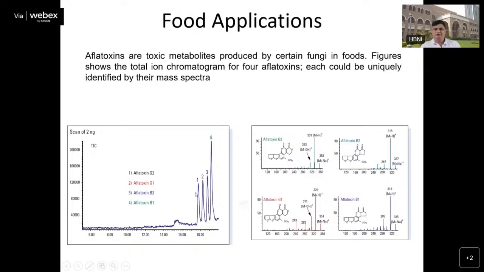So these are the various peaks 1, 2, 3, 4, that is aflatoxin G2, aflatoxin G1, aflatoxin B2 and aflatoxin B1. These are their corresponding mass spectra, and that's how we can do the separation as well as the identification of the metabolites.